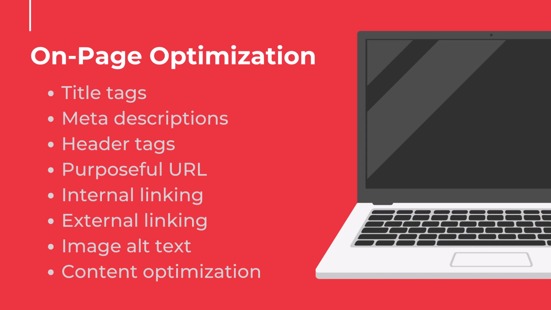Your image alt text is something that is so often overlooked. But if you are on Wix or WordPress or anything like this, when you click in your library of images, you'll see an option to add alt text or an alt description. This is really important for accessibility.